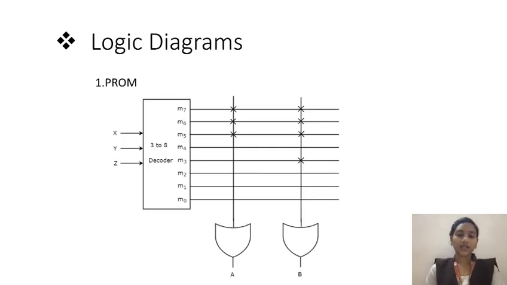So these are the logic diagrams. For PROM, this is the logic diagram where we use a 3x8 decoder, which takes 3 inputs and gives 8 outputs, M0, M1, M2, M3, M4, M5, M6 and M7. By implementing this we get 2 outputs.